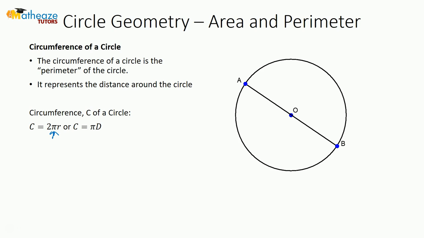And the reason why this is so is because the radius is the diameter divided by 2, or the diameter is 2 times the radius.